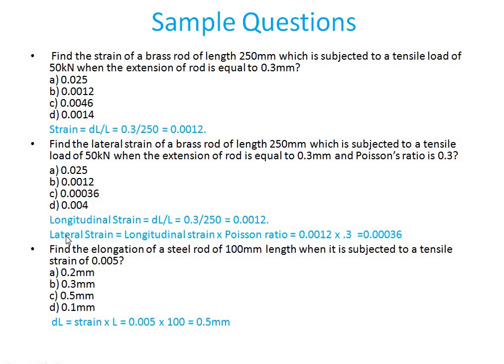From there, lateral strain is equal to longitudinal strain into Poisson's ratio. From that, I can get the answer. Look at these answers: in the options I have the correct answer as well as 0.0012, which is the linear strain. So the linear strain is also given as an answer option.